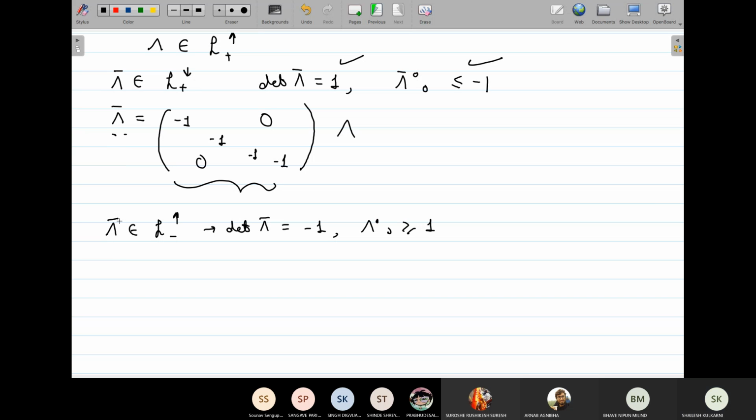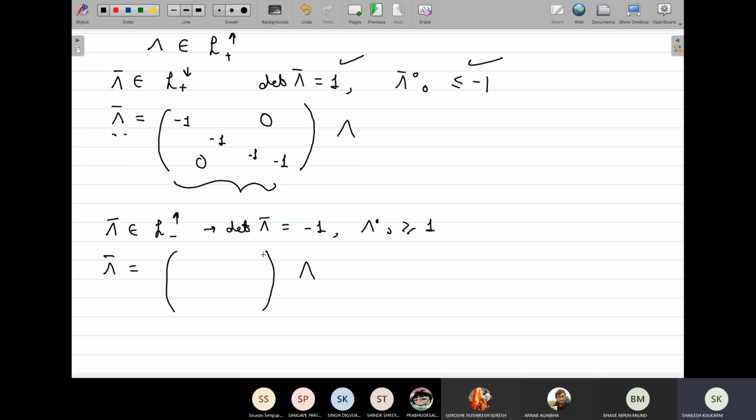Okay. Can I write this lambda bar similar to this? I want to write this lambda bar as something into lambda. Okay. So I want determinant to be minus 1.